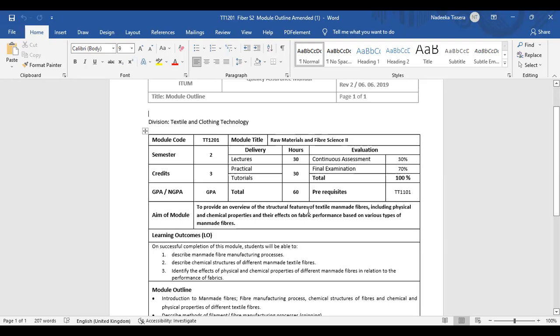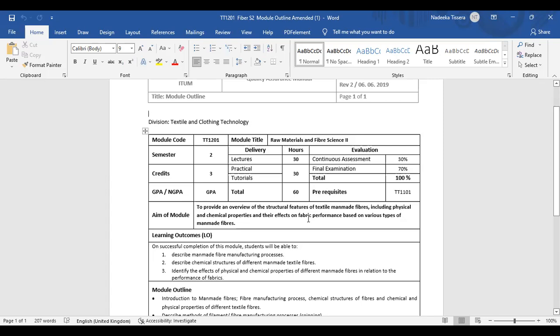There are very popular fibers used in the textile industry, such as polyester, nylon, viscose rayon. When it comes to the structural features, we are going to talk about physical and chemical properties of these man-made fibers and their effect on fabric performance.